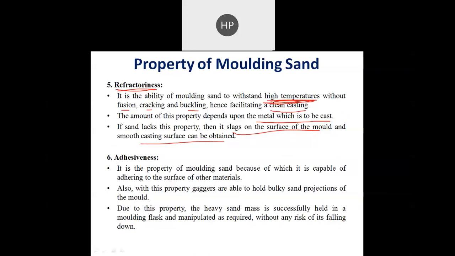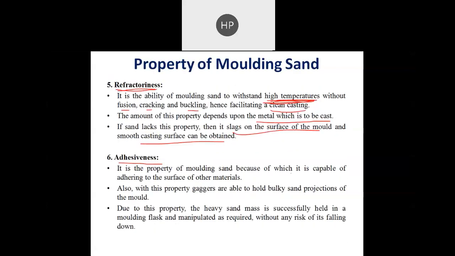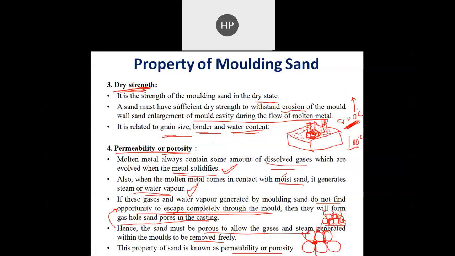Then the next one is adhesiveness. It is the property of the molding sand because of which it is capable of adhering to the surface of another material. Adhesiveness means the surface of the sand will adhere with another surface. So why is this required? Because the sand must stick with the molding box, and then it will get enough strength.